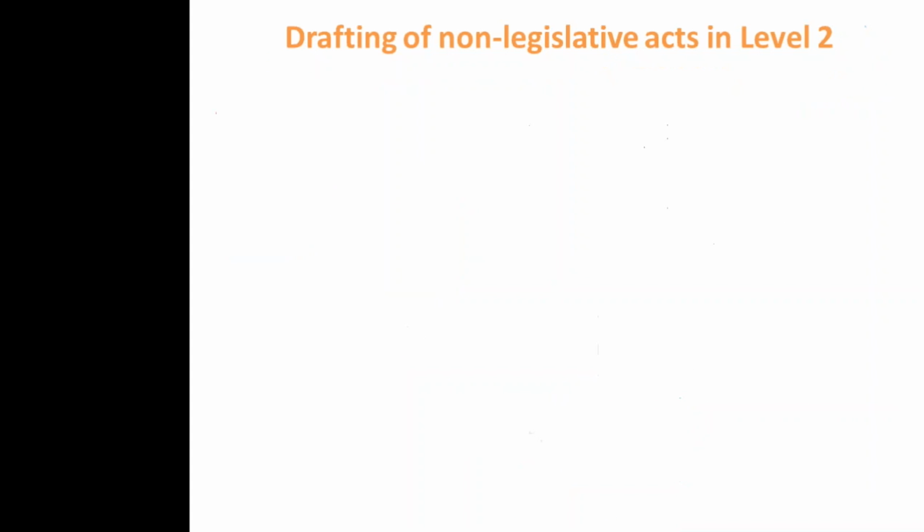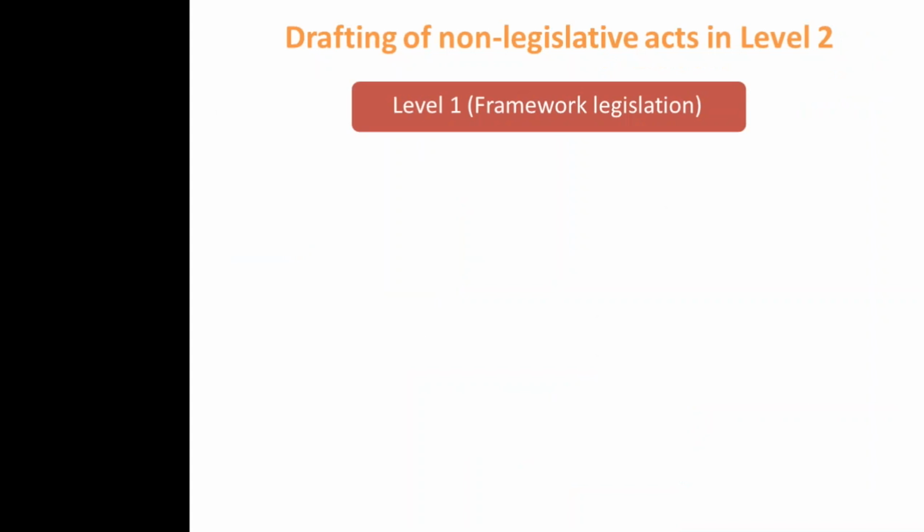So then we can go into more detail on what level 2 is and how to divide level 2. So now we get into more details. Yes, great, that's correct. So the framework legislation has to specify the procedure under which the delegated power is granted to the European Commission.